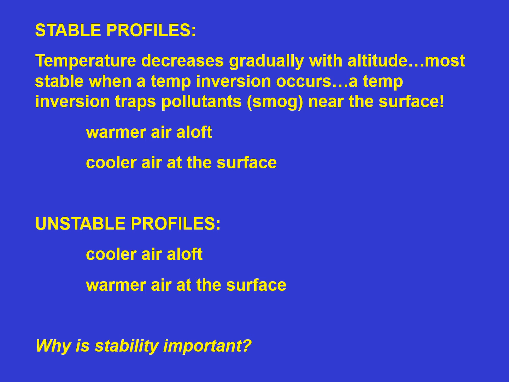Stable profiles occur when you have cooler air at the surface and warmer air aloft, like a temperature inversion, perhaps due to radiation cooling on a clear night. All right, unstable profiles. When you have warmer air at the surface and cooler air aloft, which is what we expect, right? We expect a decrease in temperature with an increase in altitude in the troposphere.